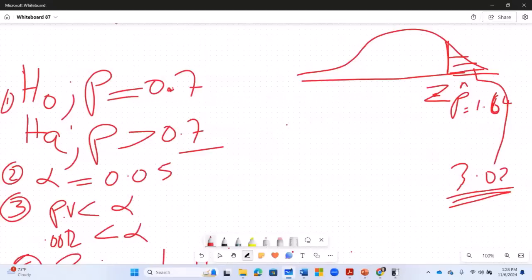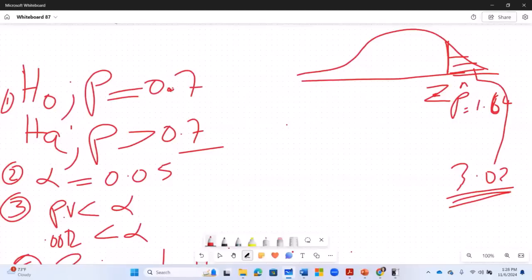So you are always trying to either reject the status quo, which is the null, or accept the status quo. Remember, if you reject the status quo when it's actually true, you committed type 1 error. If you accept the status quo when it's actually false, you committed type 2 error.